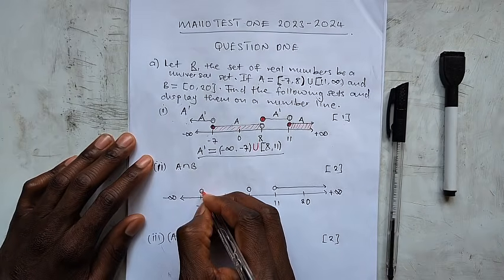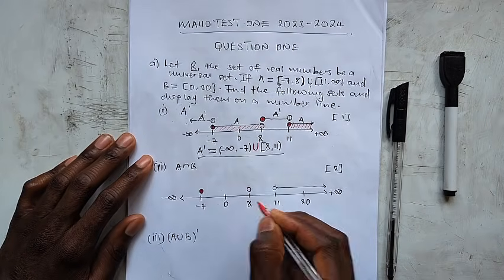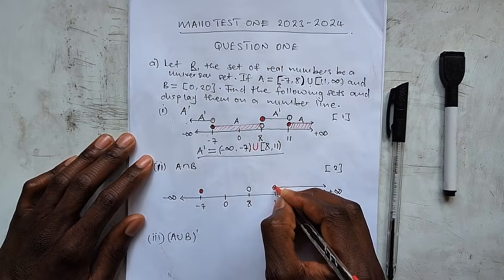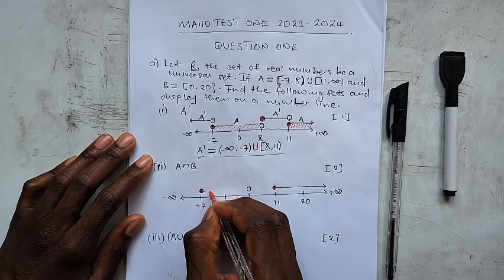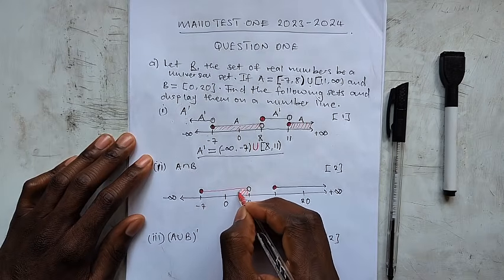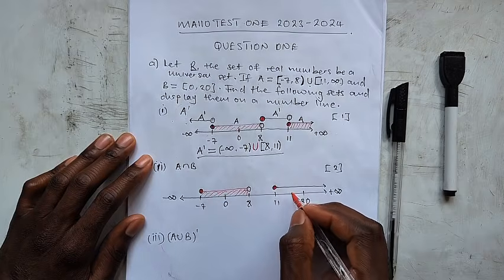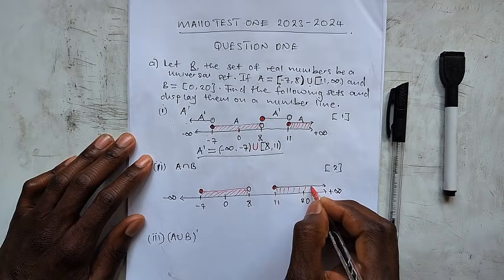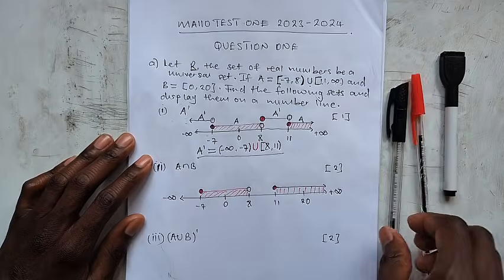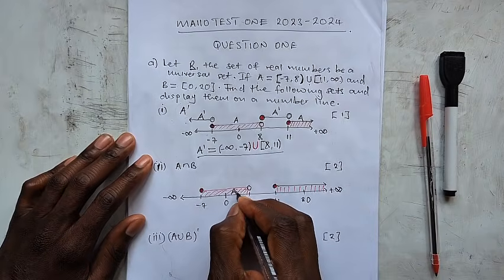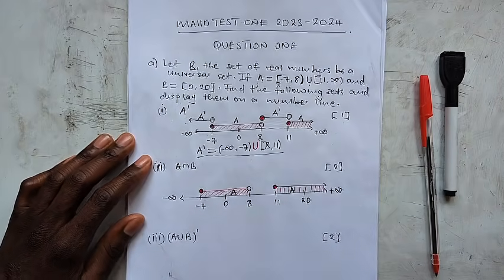So this part has to be shaded. Also, that part was shaded. All the numbers in the middle, they are part of set A. Even here, all the numbers somewhere there are part of set A. So this is set A, and that is set A as well.